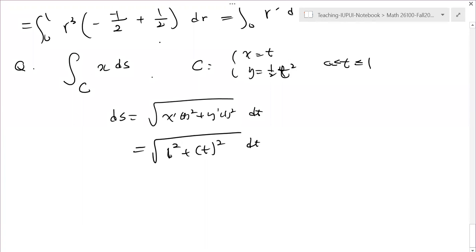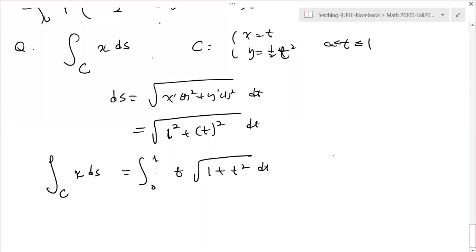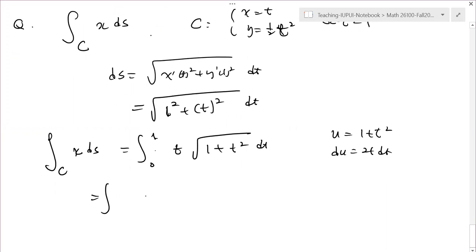All right, so now this integral of the function around the curve becomes the integral between 0 and 1 with respect to t. So what is x? x is t. Then you use substitution. You let u equal 1 plus t squared and du equals 2t dt. For the new variable, when t equals 0, you get 1, and when t equals 1, you get 2.